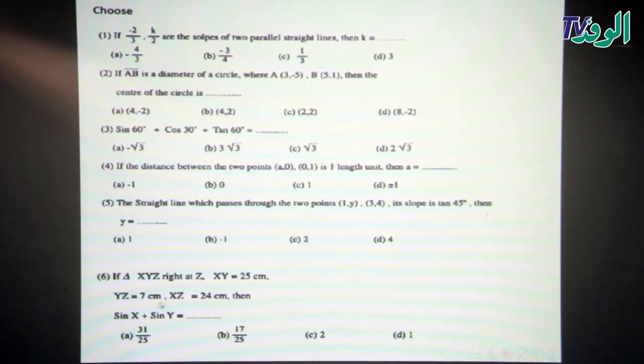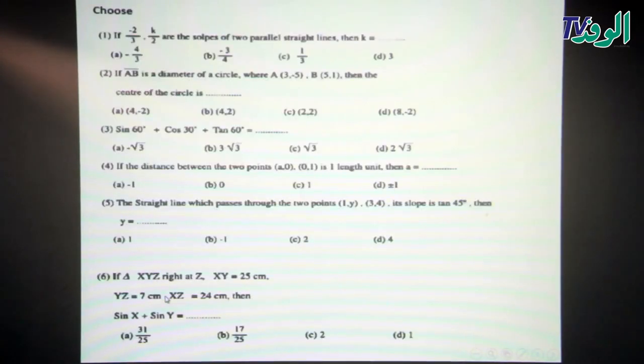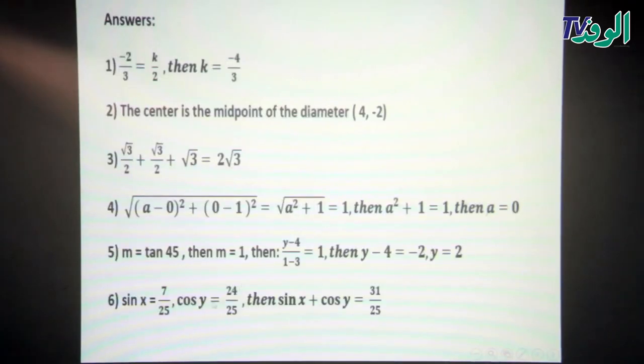Last one. The triangle XYZ is right at Z, right? So the hypotenuse is XY, which is 25. كده sin X is the opposite side اللي هو YZ of 7 over the hypotenuse 25. يبقى كده sin X is 7 over 25. أما sin Y هيبقى XZ opposite over hypotenuse 25. تعالوا نشوف ازاي اهو.